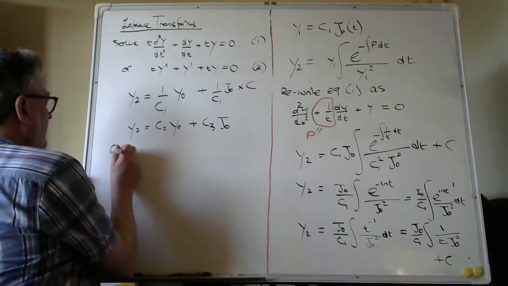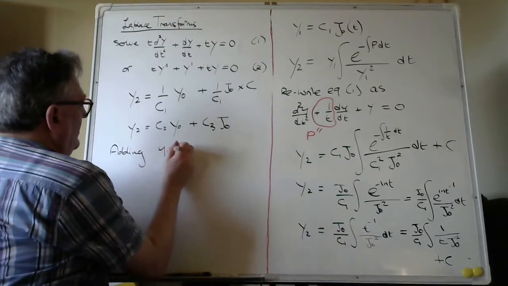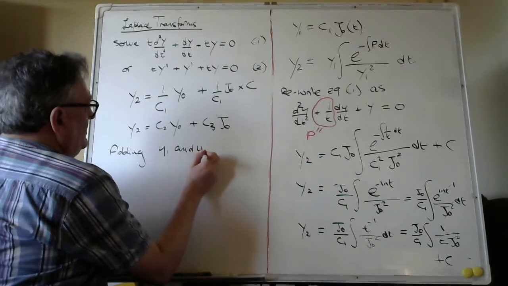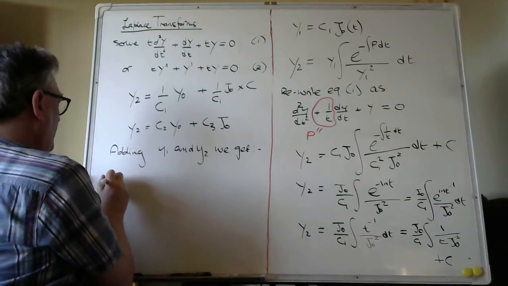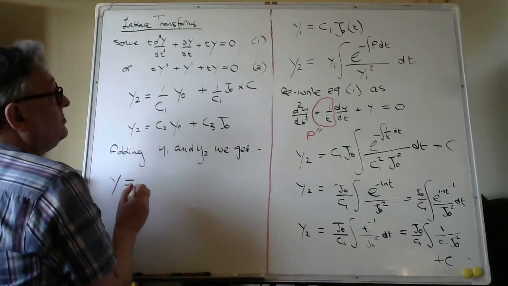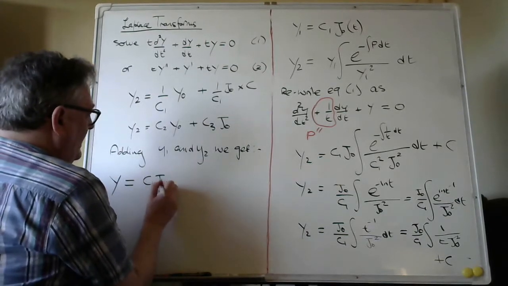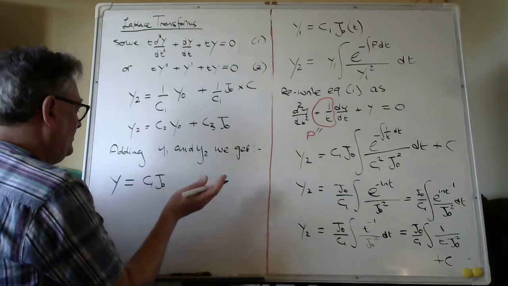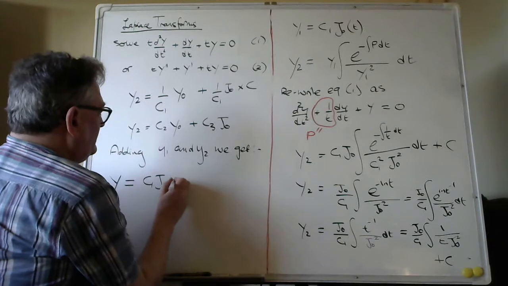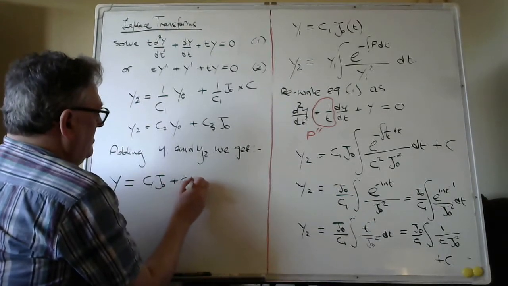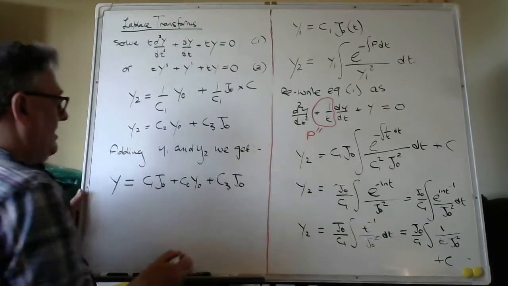So adding y1 and y2, we get the general solution y equals c1 j sub 0 plus c2 y sub 0 plus c3 j sub 0.